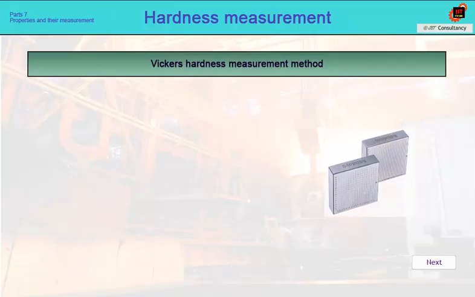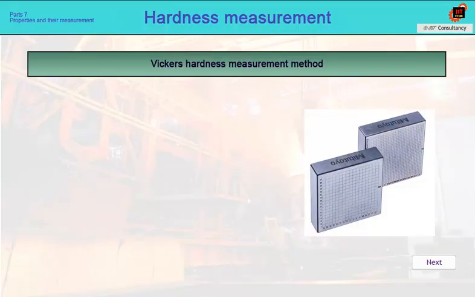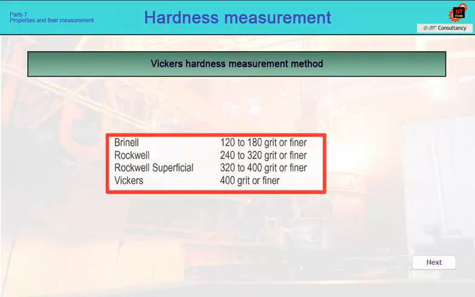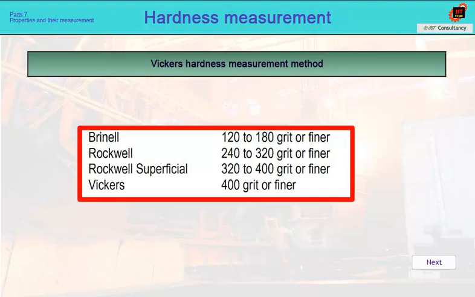To avoid this phenomenon, we can buy hardness calibration blocks with a grid already created. The quality of the surface for measurement has already been mentioned. For the Vickers method, it is a roughness of less than 0.4. According to this table, sandpaper with a grain size of at least 400 and finer is needed.